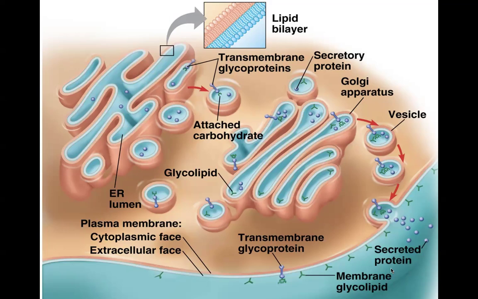And take a look at that carbohydrate chain. That carbohydrate chain is then going to be facing the exterior of the cell. That means that whenever you have a transmembrane protein that is glycosylated, that sugar chain is always going to be facing the exterior of the cell. So all of those sugar chains are going to be on the surface of the cell membrane.